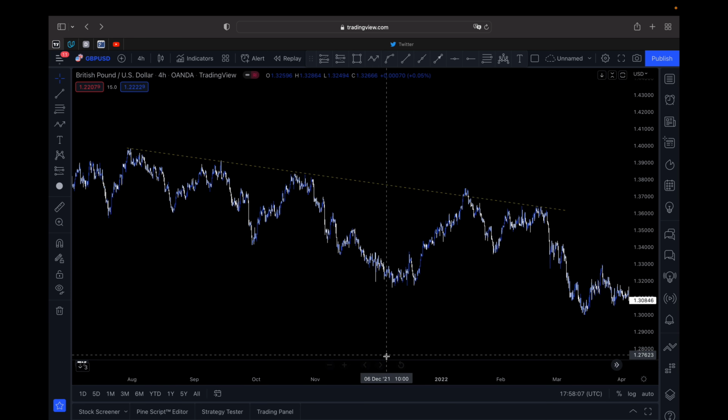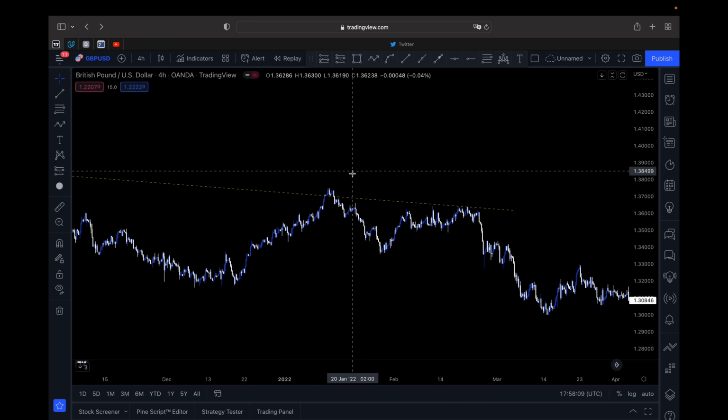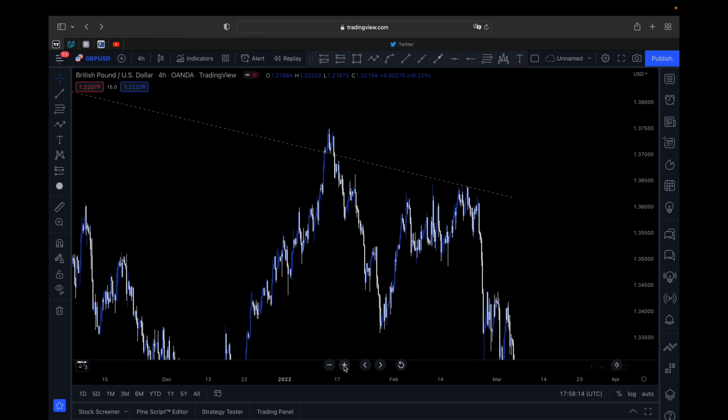Like here at this point, price fake out a breakout here. So let me zoom in.